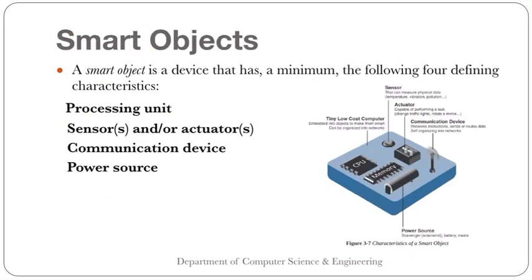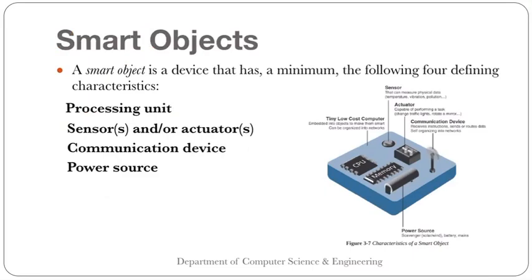So basically, a smart object is a device that has at minimum the following four defining characteristics. If a particular device has these four characteristics, then we are calling it a smart object. Those four things are: processing unit, that is CPU, sensors or actuators, communication device, and power source.